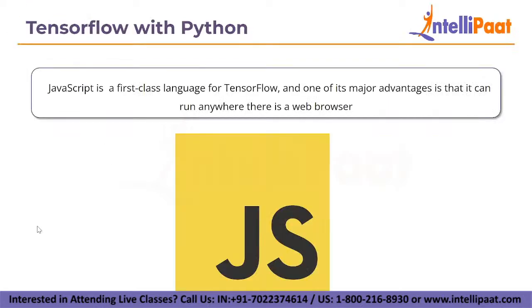Python is the most widely used programming language for TensorFlow and machine learning in general. However, JavaScript is now a first-class language for TensorFlow, and one of its major advantages is that it can run anywhere there is a web browser. TensorFlow.js is a JavaScript TensorFlow library that employs the WebGL API to accelerate computations using whatever GPUs are present in the system.